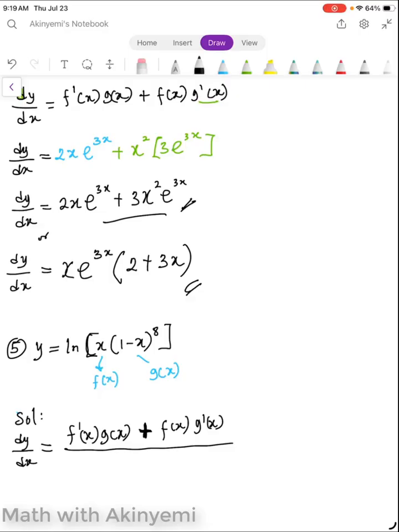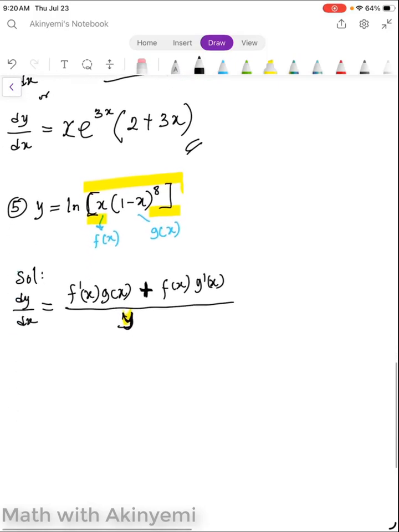So this is the formula of the product rule, that is plus, divided by this. Only this is more like dividing it by the y function, let's say divided by y without the natural log there.